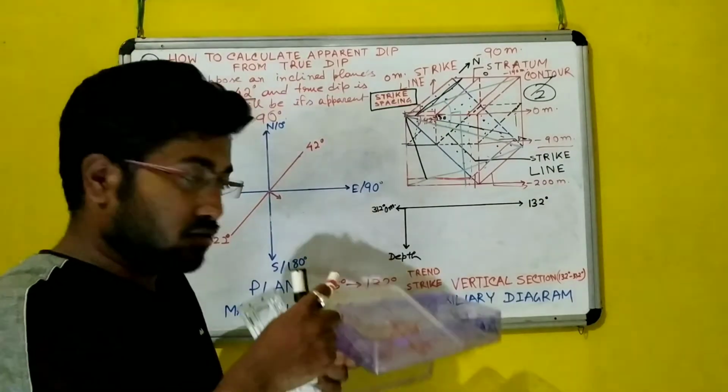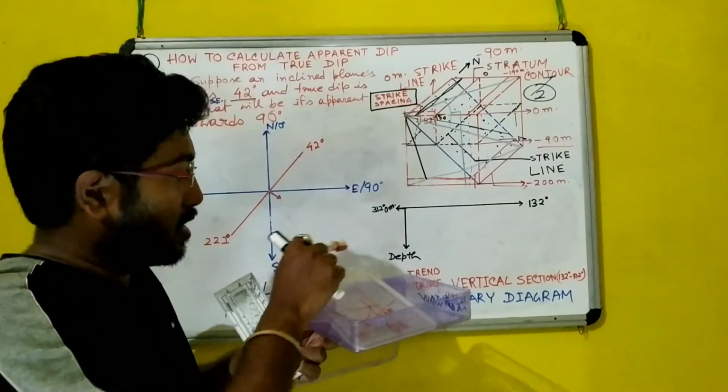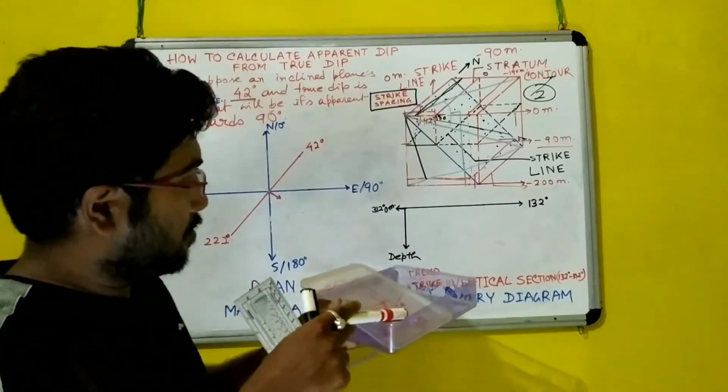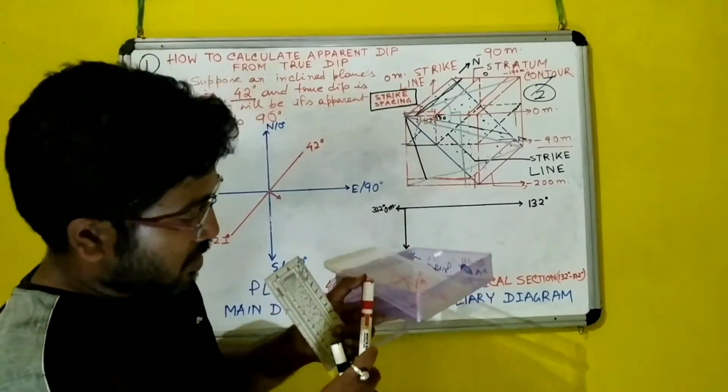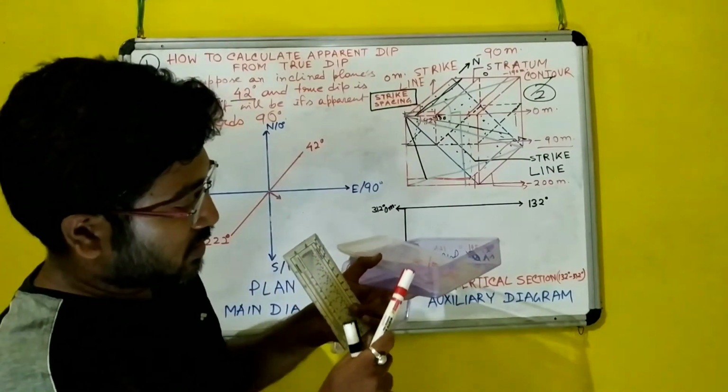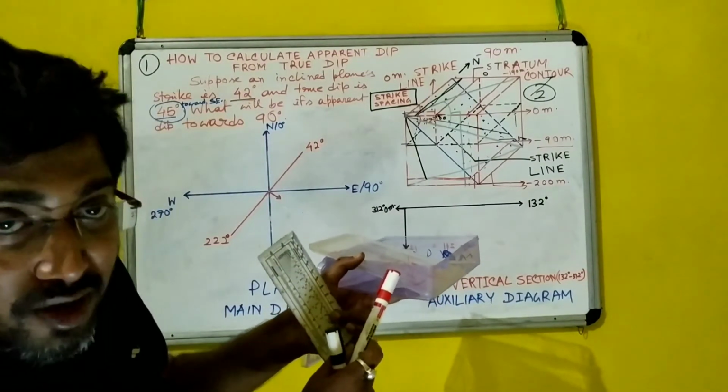Suppose this is the north and this is 42 degrees, this plane is dipping towards 132, and along this plane we can see the angle of 2D.